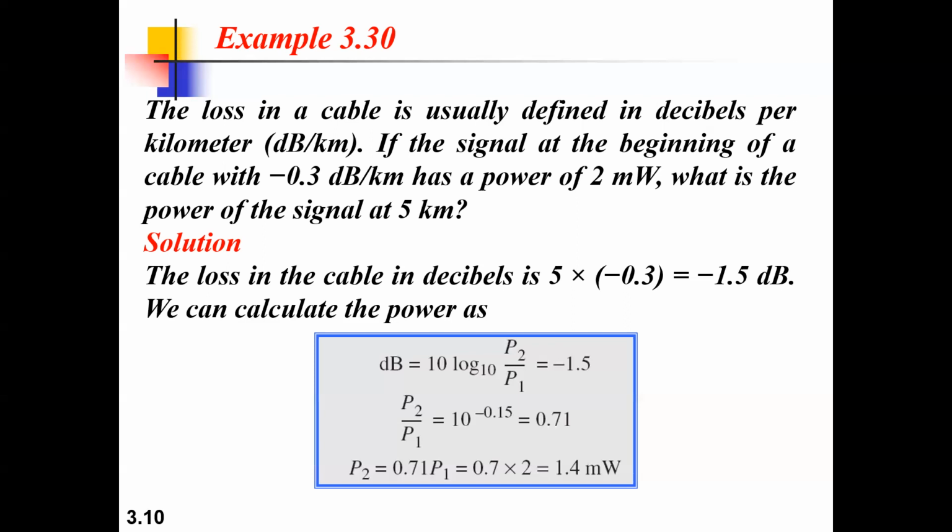If the signal at the beginning of a cable with negative 0.3 dB per kilometer has a power of 2 milliwatts, what is the power of the signal at 5 kilometers? So the loss in the cable, in decibels, is 5 times 0.3, which is equal to negative 1.5 dB.